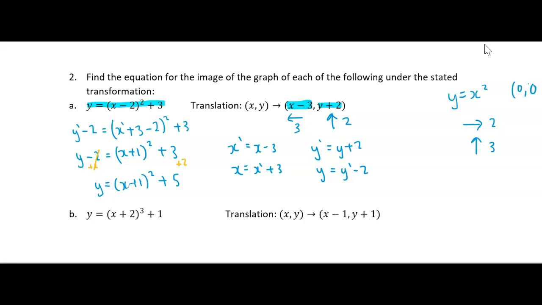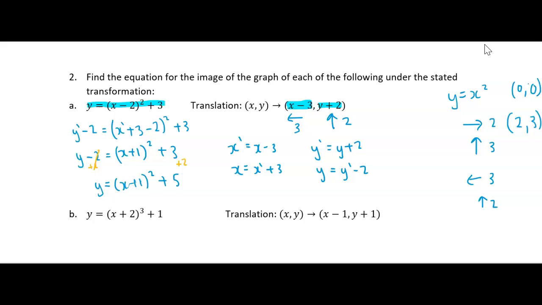So think of the turning point. The turning point of the parabola is (0, 0). When I shifted to the right 2 and up 3, it becomes (2, 3). And then I went under some more transformations. So then I went to the left 3 and I went up 2.